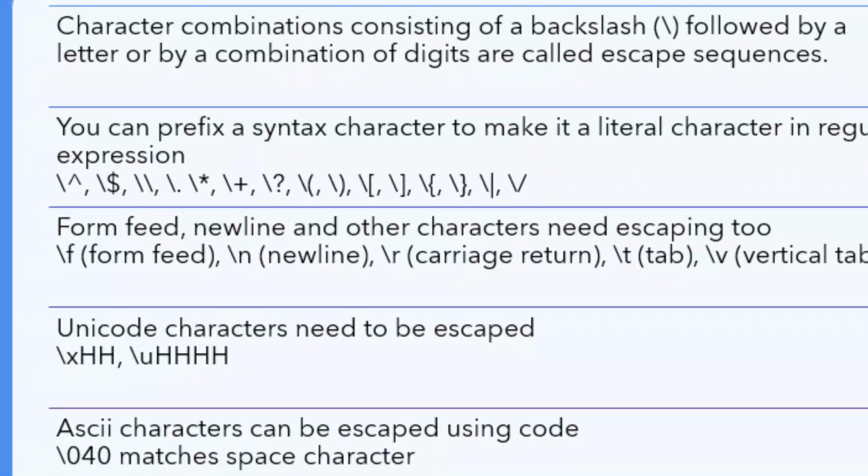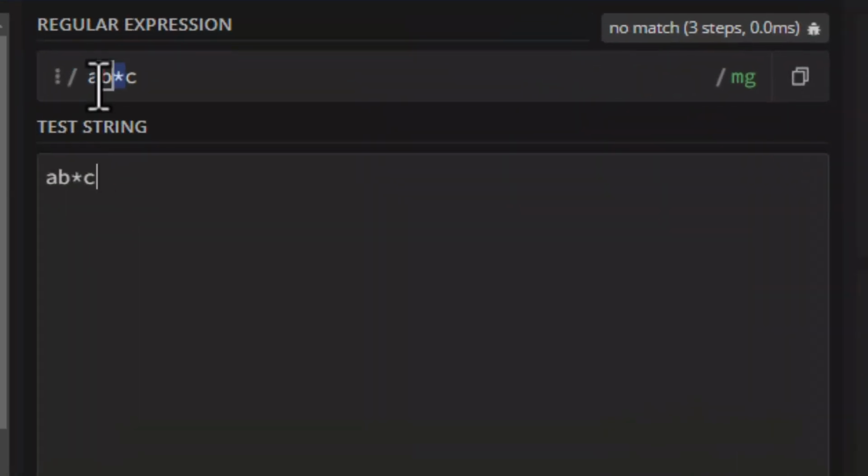Let's try it out. In the example that we were trying out, the star was the special symbol. If I place a backslash just before that, you can see it is now matching the input string.